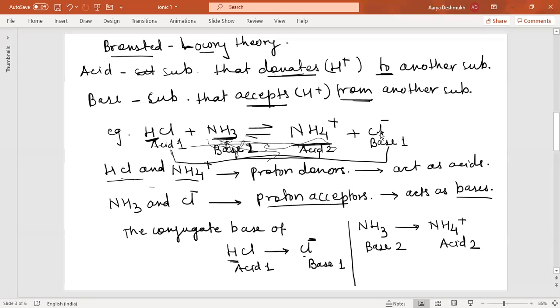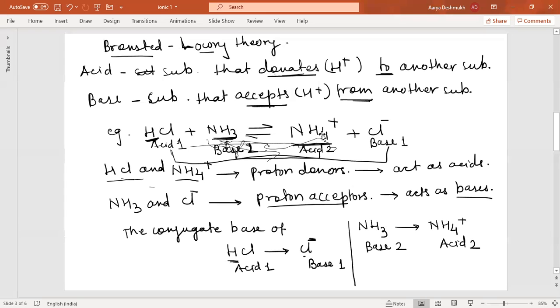Cl minus will be converted into its acid after accepting a proton. Means this chloride ion is a proton acceptor, so this will be your base. NH4 plus has an extra proton in it, so this proton can be donated and it would be converted into NH3.